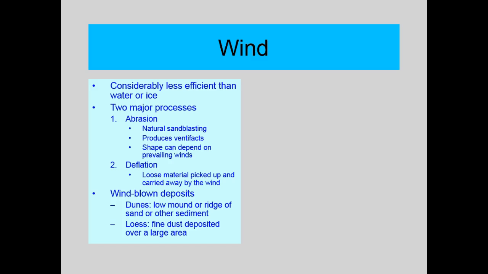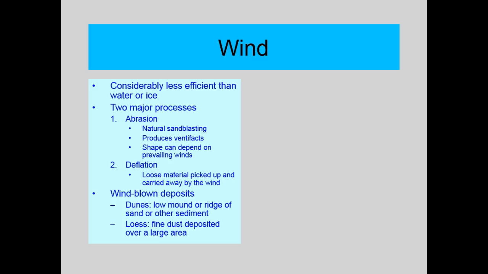Wind, however, and this is what I think Brandon was talking about, the mass is very small. Very, very small. So even when it's blowing very hard, at a high velocity, you still have such a low mass. That's why wind is usually a lot less efficient than water or ice. The kinetic energy that wind can generate just doesn't usually come close to water and ice.